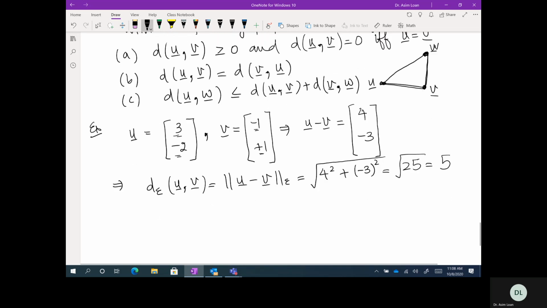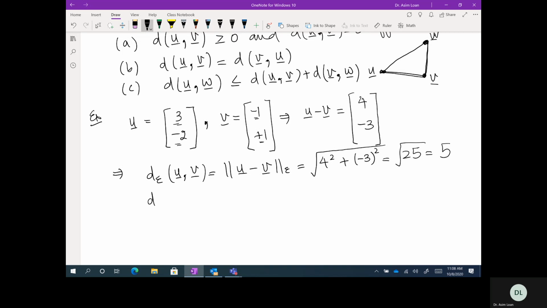the positive square root. The distance due to the sum norm is again the sum norm of u minus v, and this is the absolute value of 4 plus the absolute value of 3, which is equal to 4 plus 3, which is equal to 7.